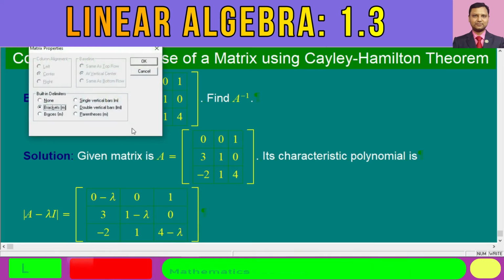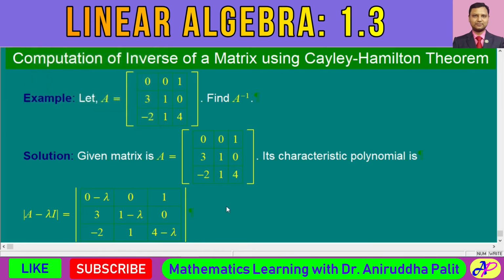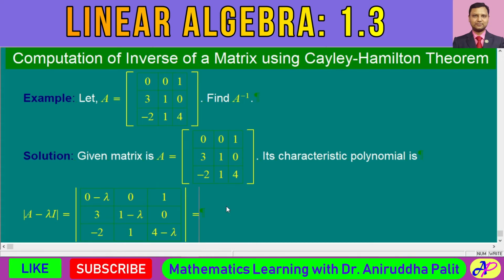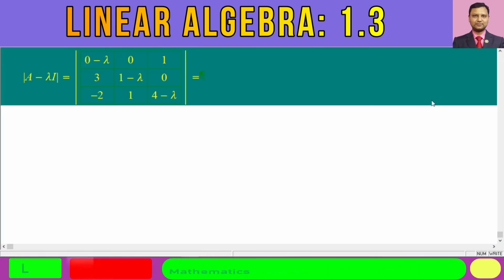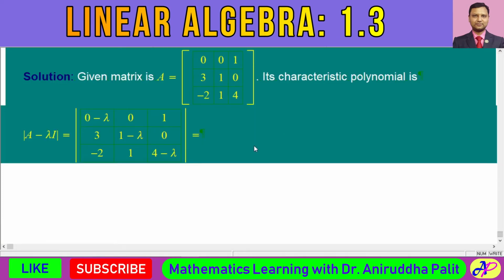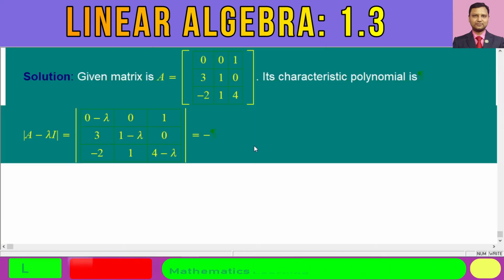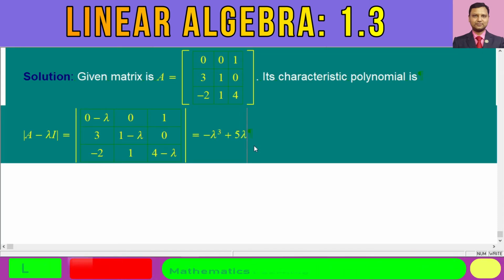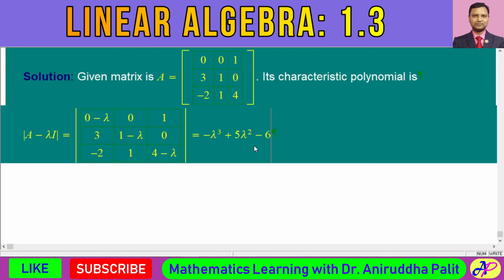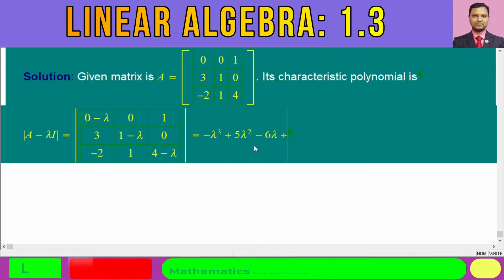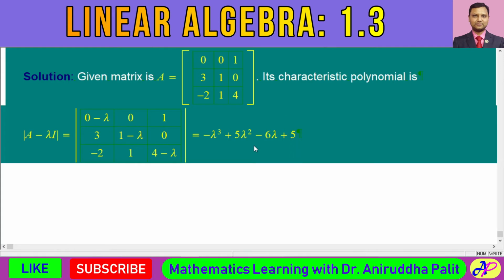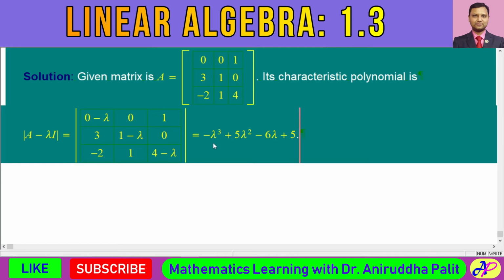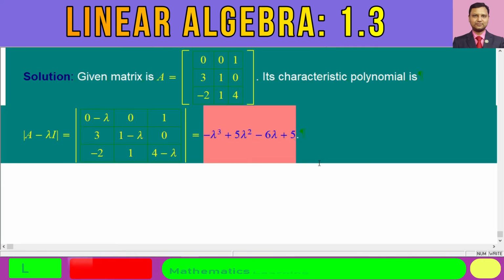That is the determinant expression. I have the book open over here, so I am not going to expand it. We can check the total expansion. Ultimately we will have minus lambda cube plus 5 lambda square minus 6 lambda plus 5. That will be the total expansion of this determinant. So this expression is actually the characteristic polynomial.